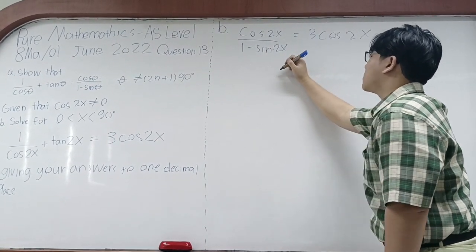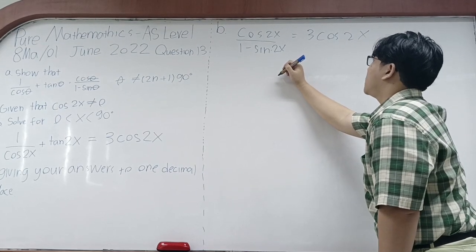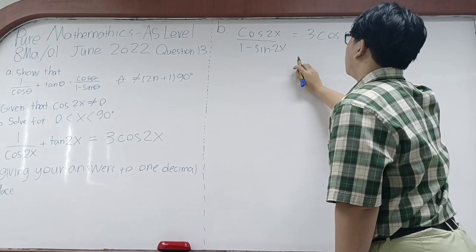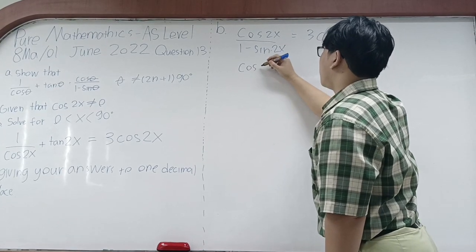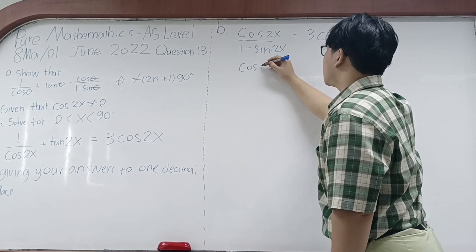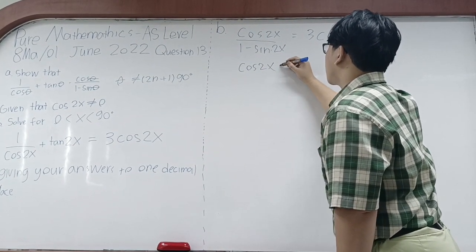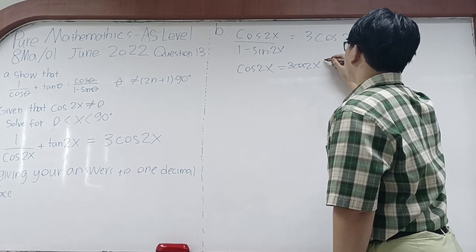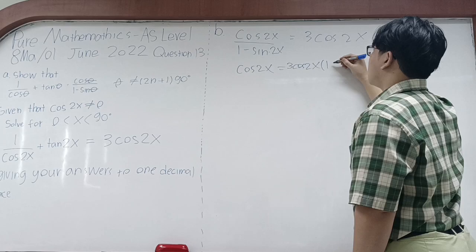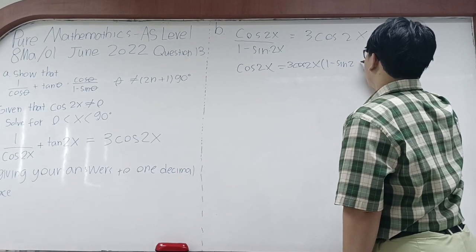Now after this, we can just move it all into one side, where we're going to move the right hand side. So first we're going to move cos 2x, move 1 over 1 minus sin 2x. So it will be cos 2x equals 3 cos 2x multiplied by 1 minus sin 2x.